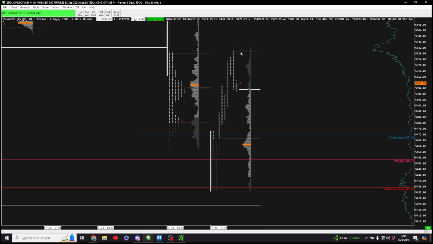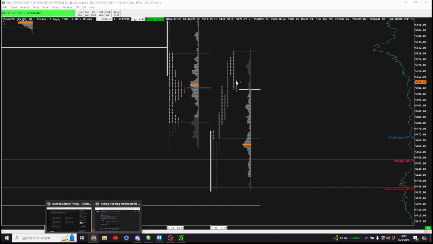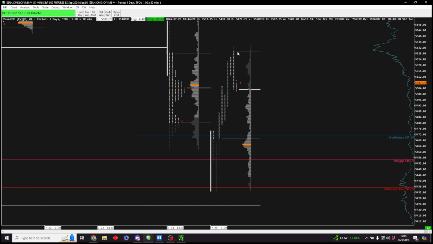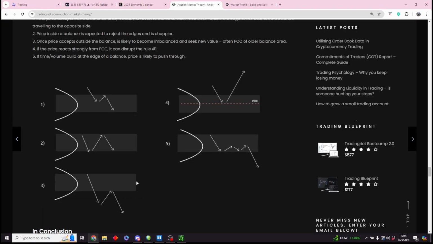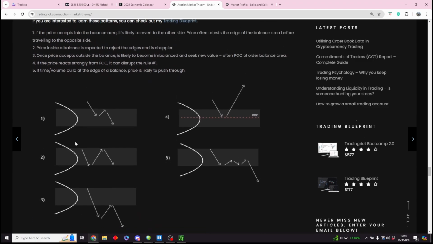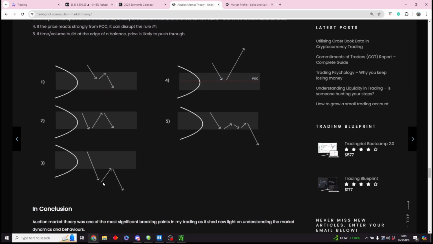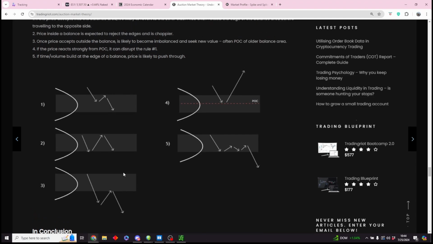And then what do you know? The 3-0s also acted as resistance from that prior VPOC, and that goes back to rule number 3: initiative action, pull back, and then sell off again. So price and the market is facilitated from balance to imbalance.